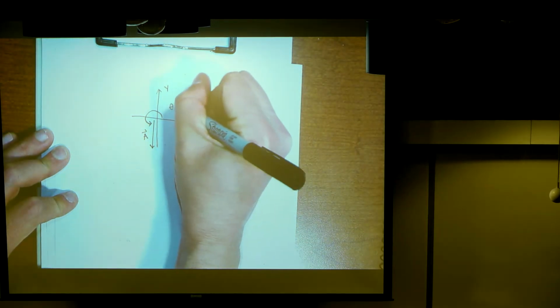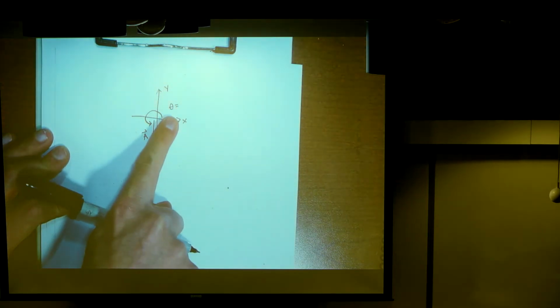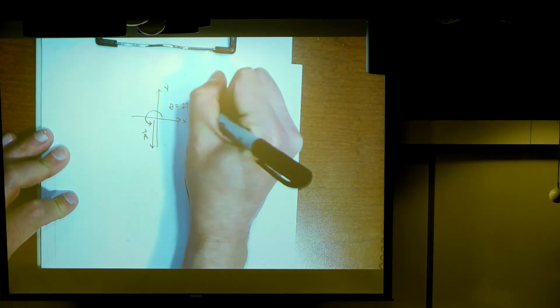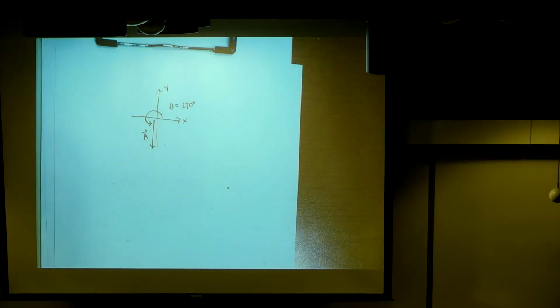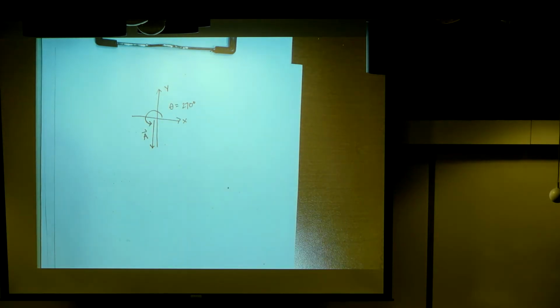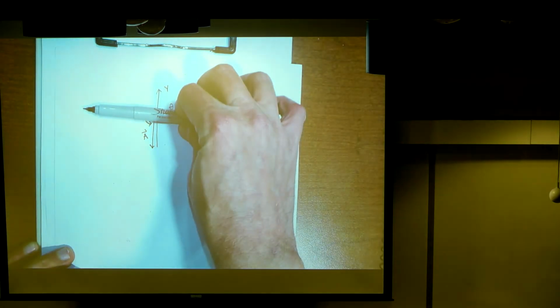So this angle, which we typically call theta, by the way, theta, is equal to 270. Make sense? What if I had a vector that was on the negative x-axis? What would theta be? 180. In that case, you'd have 180, right? Okay, so looks like you get it.